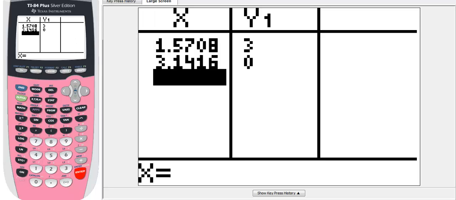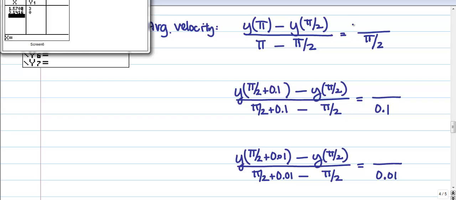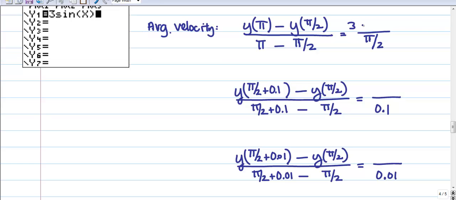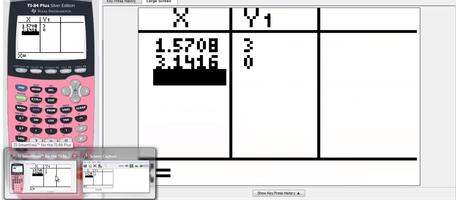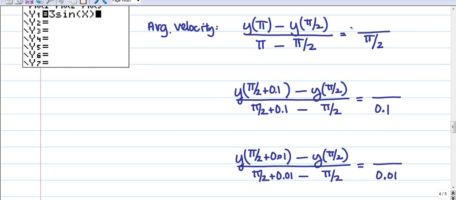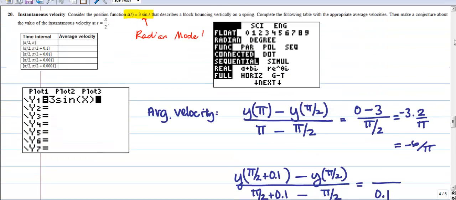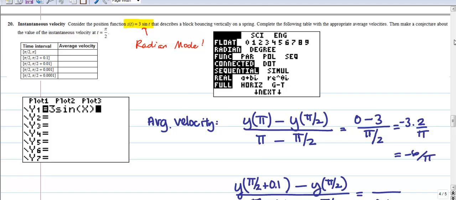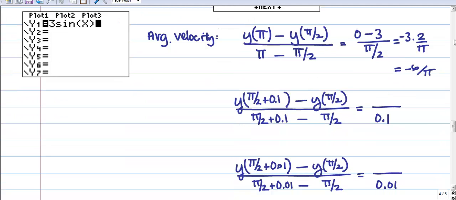So what that means so far is up here, it'd be 0 minus 3 on the top. So, copy the top, dot flip the bottom. So negative 6 over pi, and I think it says to round probably.